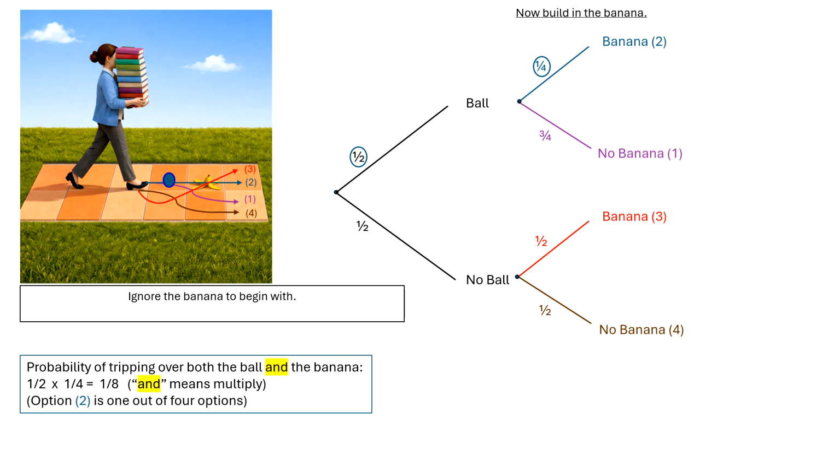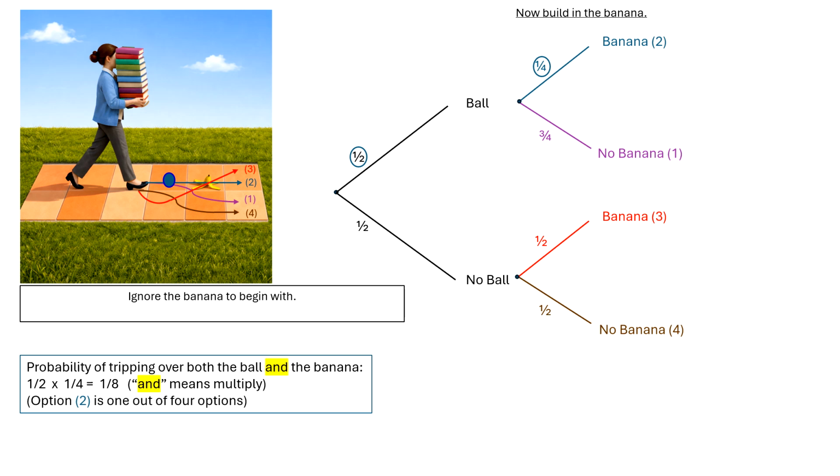So because you trip over the ball and the banana, you're going up branches on the tree, hence the "and", you multiply the probabilities together. So 1 in 2 times 1 in 4 is a 1 in 8 chance that the teacher trips over both the ball and the banana.